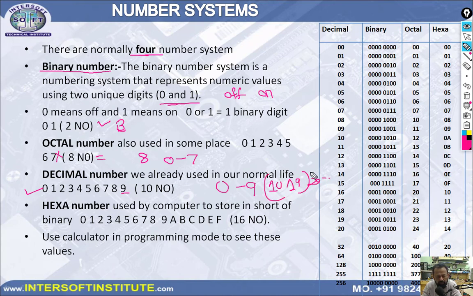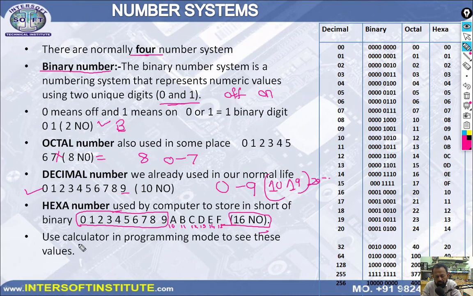And the hexa number system, which is used to store data in a hard disk, consists of 0 to 9, then A means 10, B 11, C 12, D 13, E 14 and F 15. Then again it comes to 10, 11, like that. So it has 16 characters.